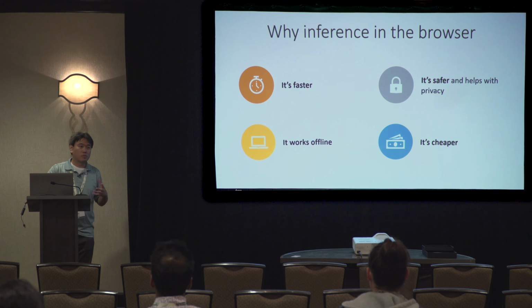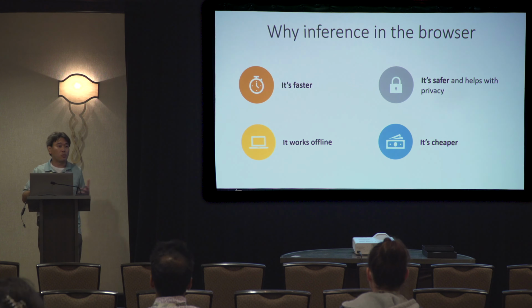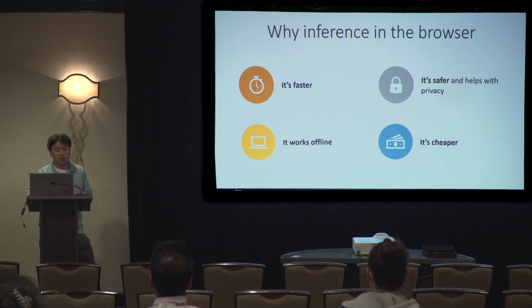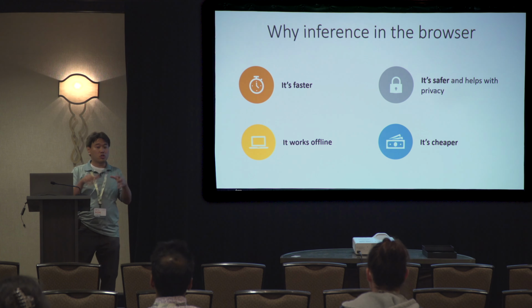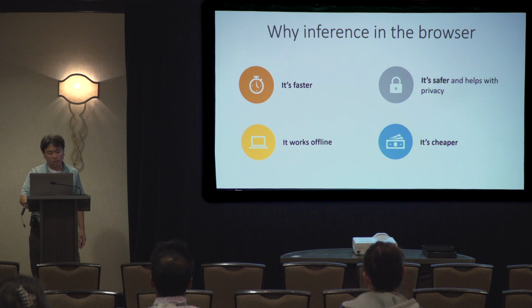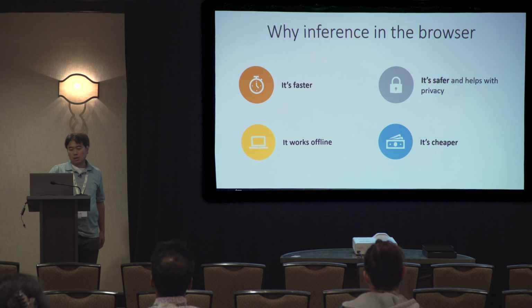It is safer, especially if you're doing video or image processing. You're not sending data outside of your network. It's running locally. And it's way cheaper because it's using the GPU of the machine where it's running, or even the phone, if you're running on the phone.